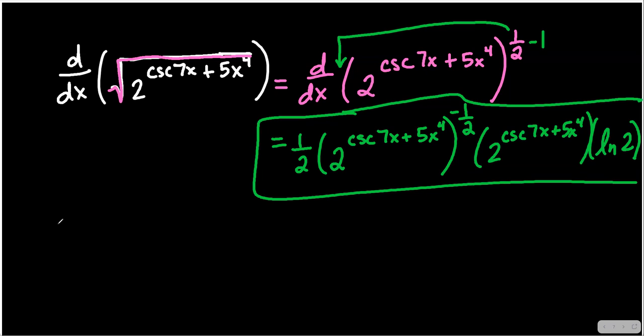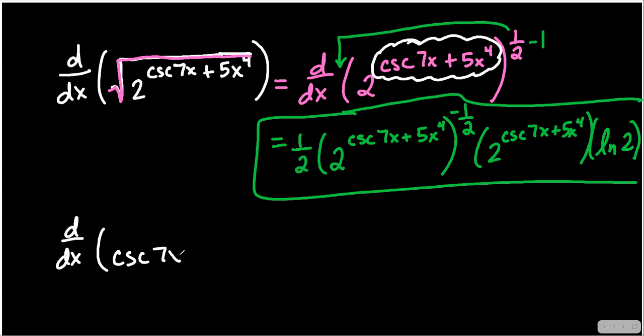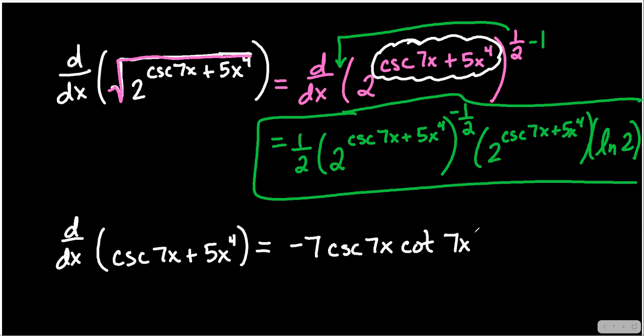The last piece is what happens when I take the derivative of the actual power. The power is cosecant 7x plus 5x to the fourth. Individually, the derivative here gives me negative 7 cosecant 7x cotangent of 7x.